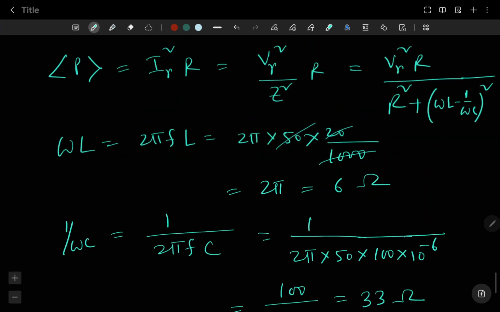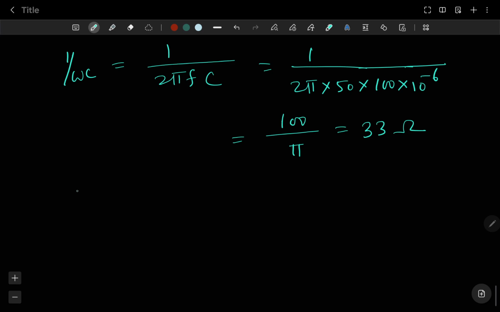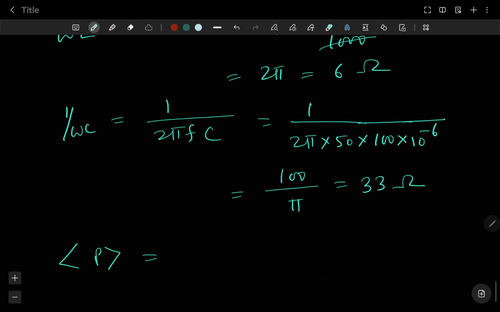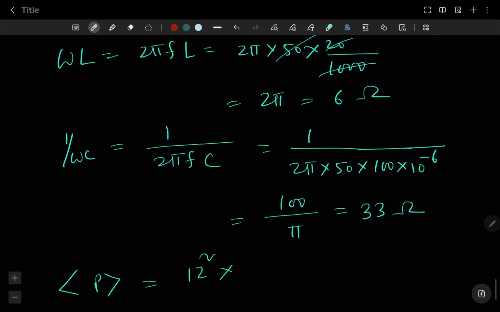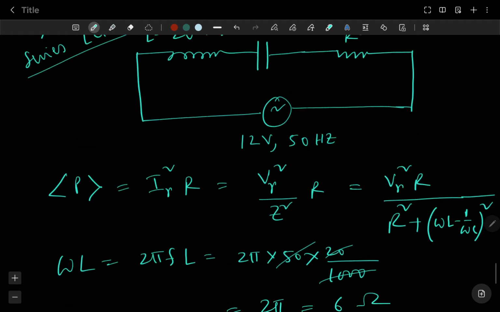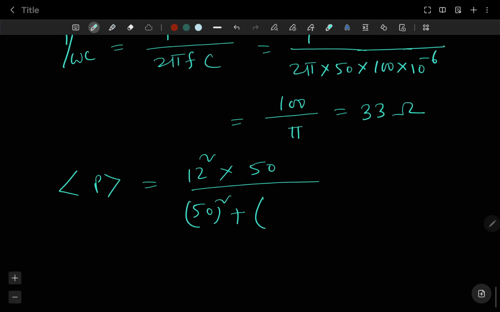So you can put it here to get average power. V R we already know, 12, so it will be 12 square into R is 50, divided by 50 square plus 6 minus 33 whole square.